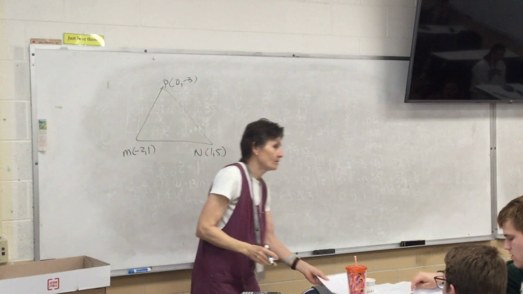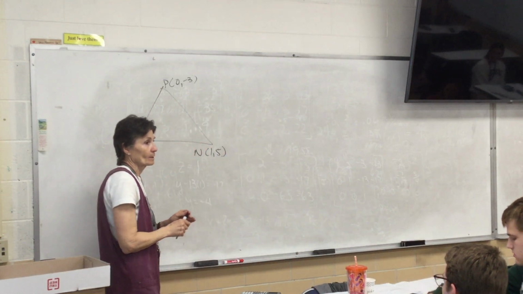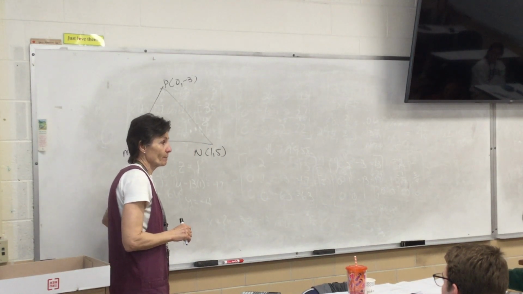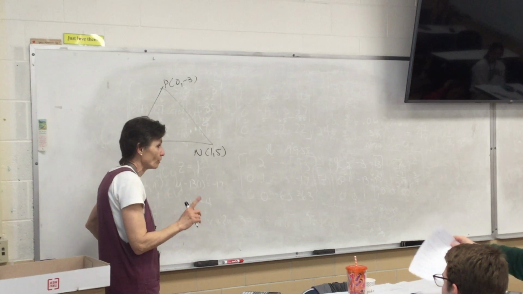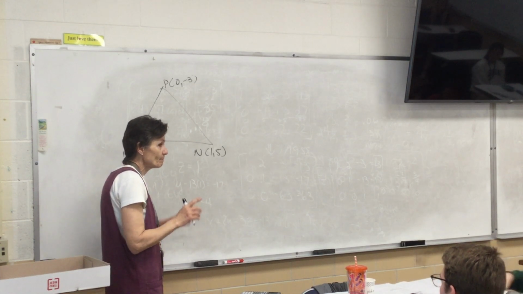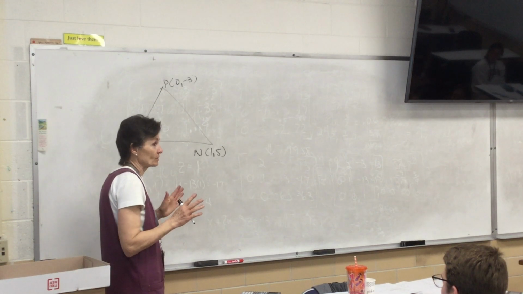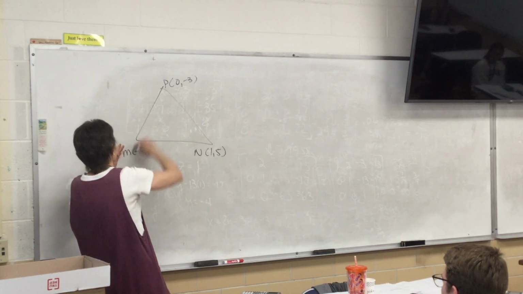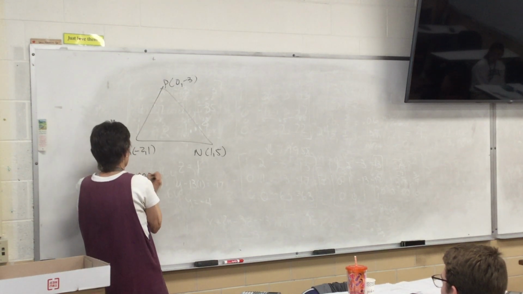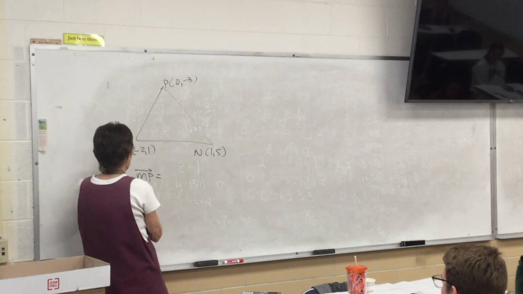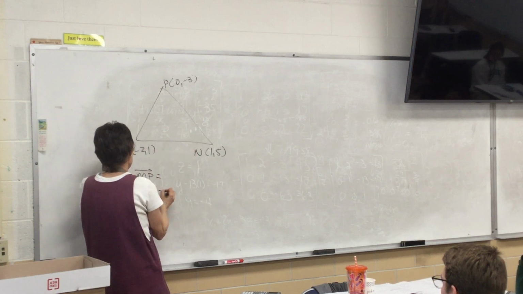So how can we find the area of this triangle? We're going to use a determinant, but what goes in the determinant? Two vectors, right? So I'll just use MP and MN.